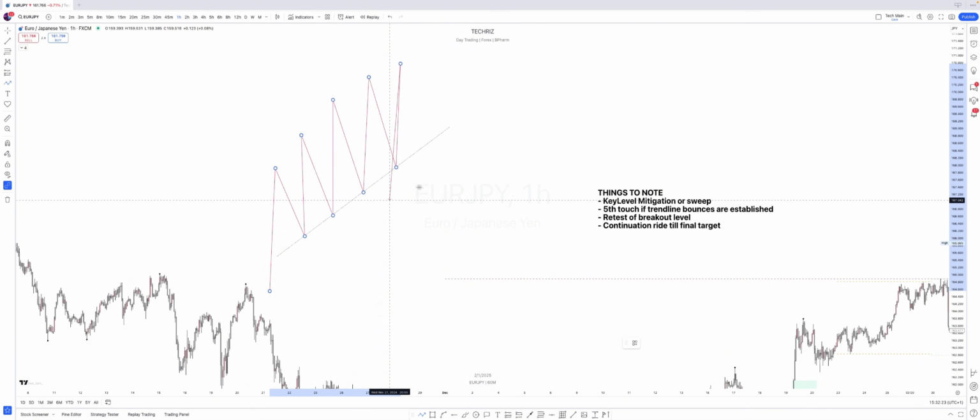Now when price breaks out here, price is going to come back to retest the level that was broken to see if it's going to hold. And what happens if it holds? A new trend will ensue. And that's literally the concept we're going to be looking at today.